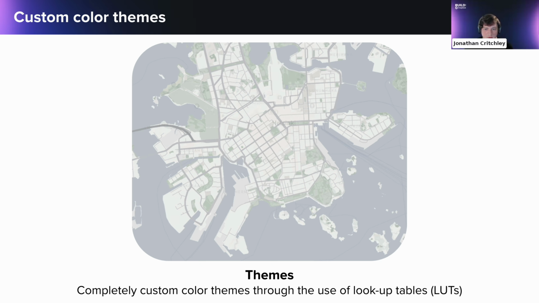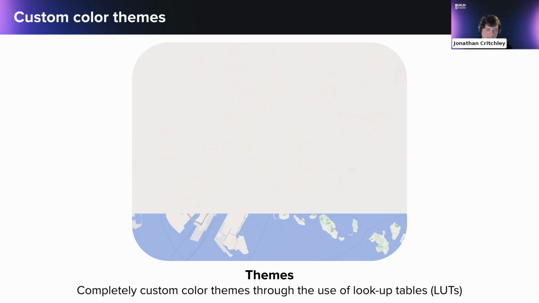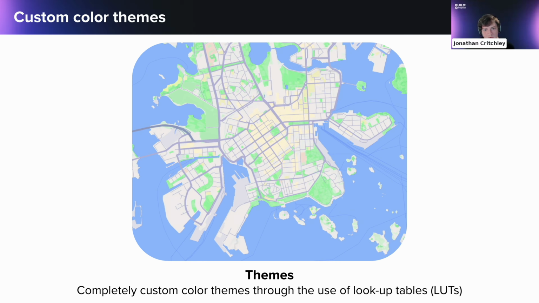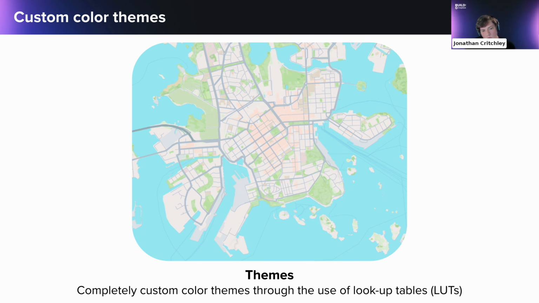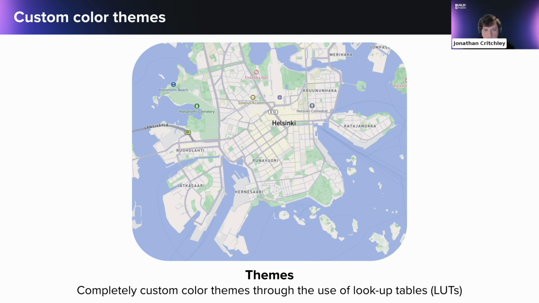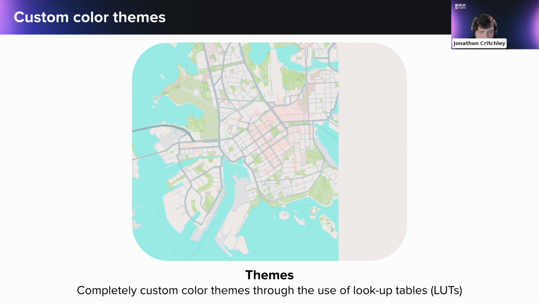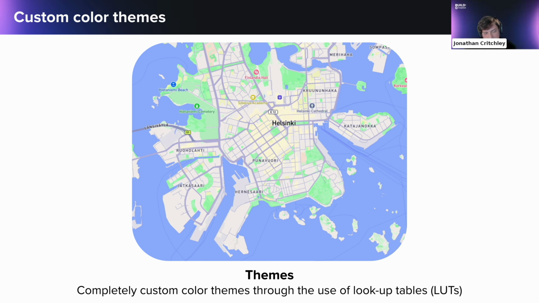And it turns out it's possible to achieve great results with map styling as well. So with LUTs, you can easily adjust the overall color tone of the base map by creating and applying color themes that better align with the aesthetics of your existing map and application. And we use LUTs to create the monochrome themes in the base map. And we had such great success with that that we've exposed those to customers.